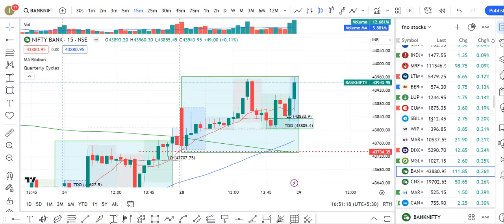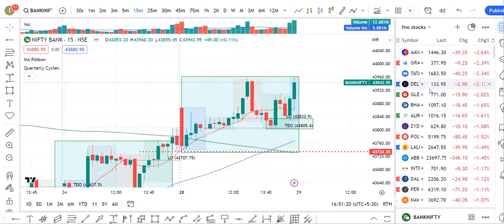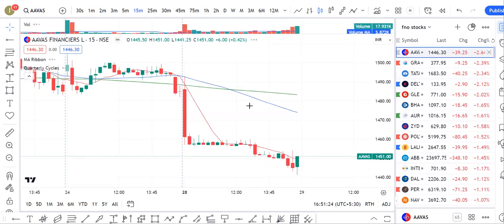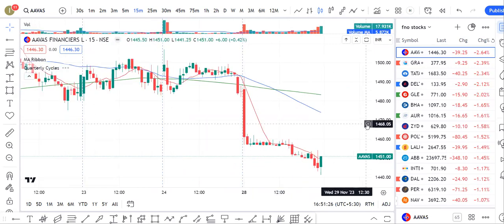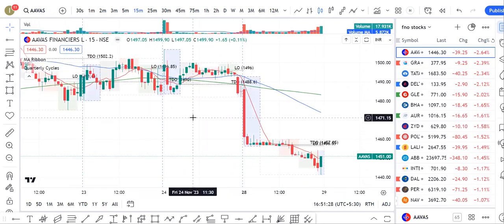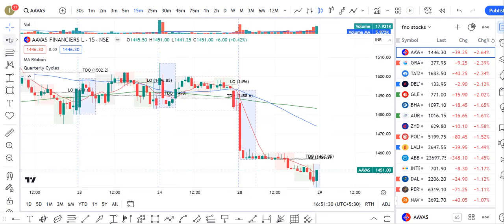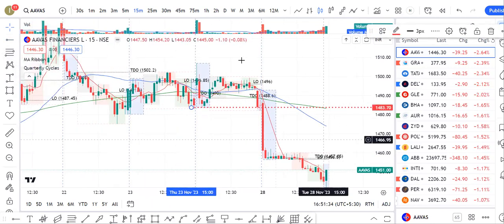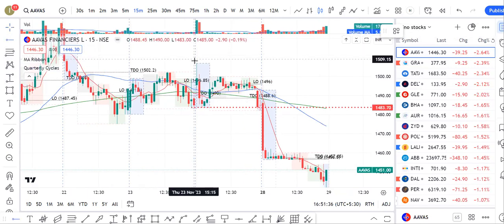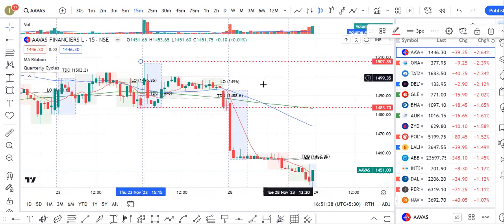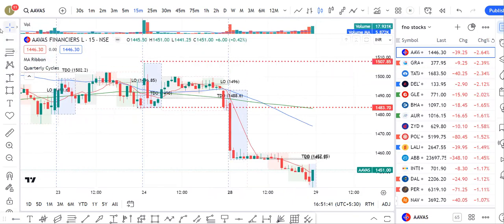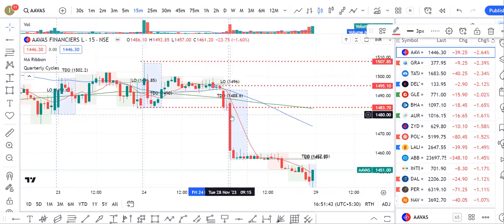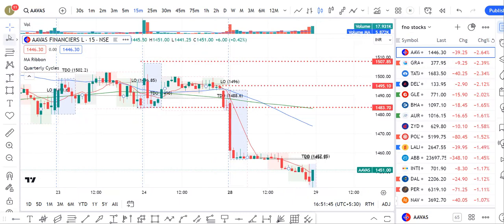Suppose we go to any falling stocks, let me take Aavas Financial. Aavas Financial, this was the guideline. Previous day range, previous day low. This was the session low, micro session low, and this was the open.